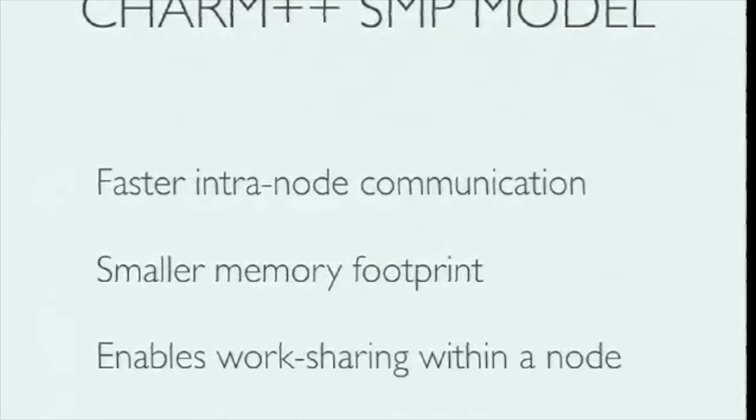This also enables work sharing within the node. That is the key point that we use to handle transient and persistent load imbalance, because these cores within the node can have a shared memory. The work units can be shared between the cores.